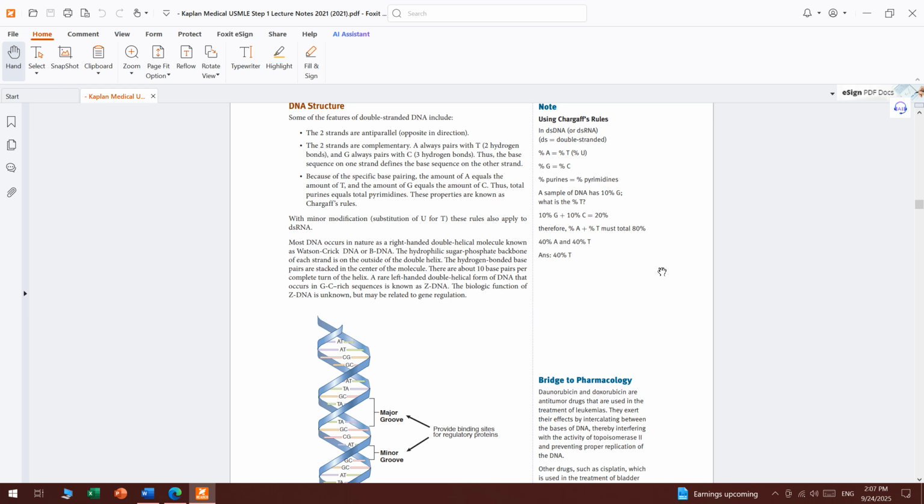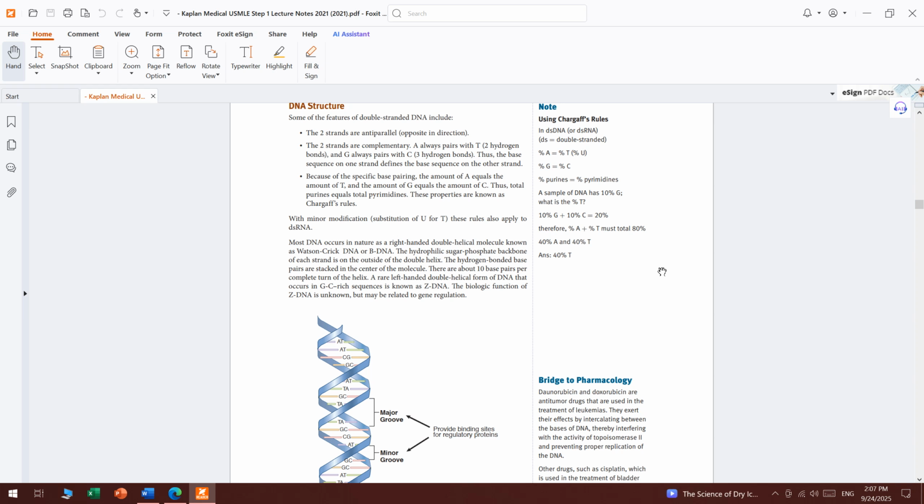Let's illustrate Chargaff's rules with an example. If a sample of double-stranded DNA contains 10% guanine, we can deduce the percentages of the other bases. According to Chargaff's rules, if guanine is 10%, then cytosine must also be 10%. This means G plus C totals 20%.